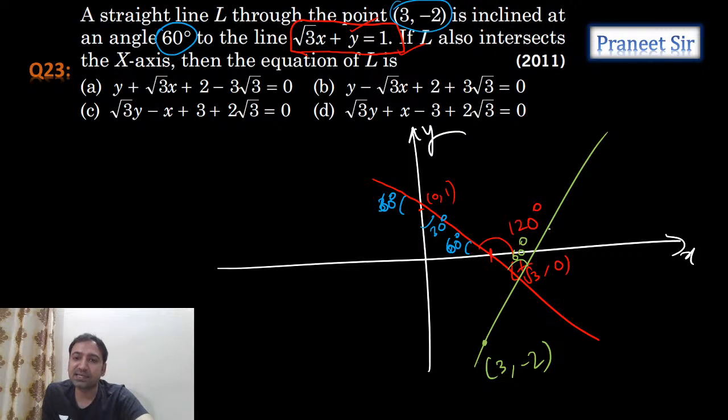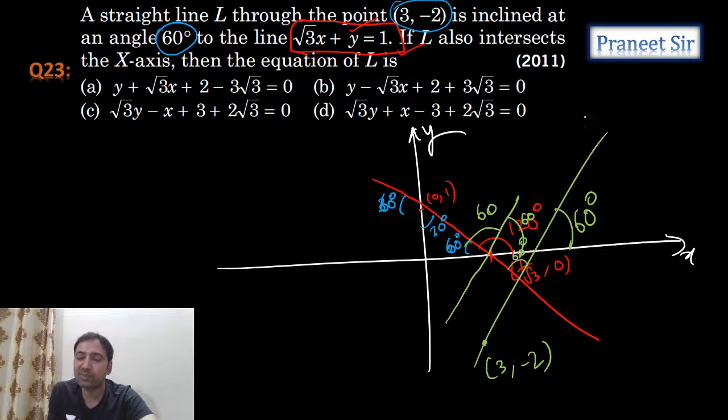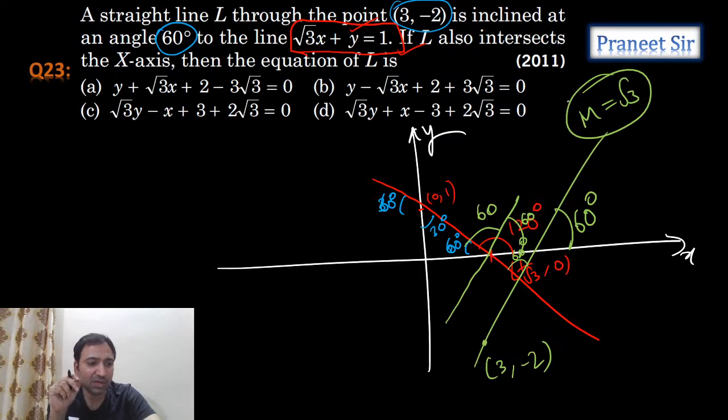If you take a line where this angle is 60 degrees, then we can say that the required slope of the line is root 3. Without using any formula, we can say that the required line should make an angle 60 degrees with the x-axis. So as the required line slope, we calculated root 3.